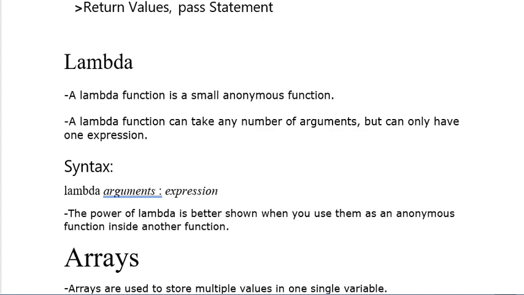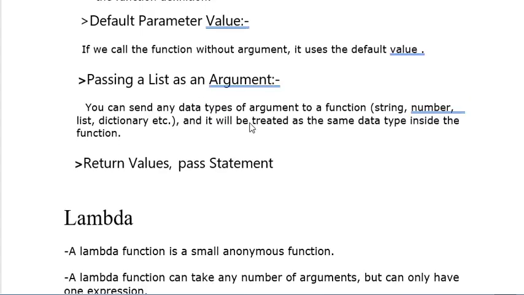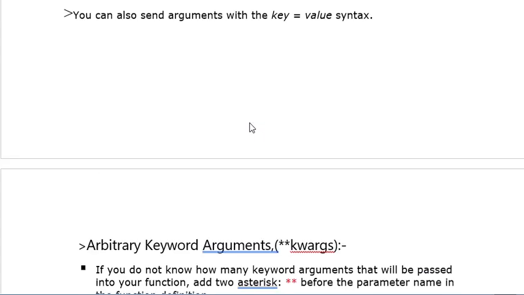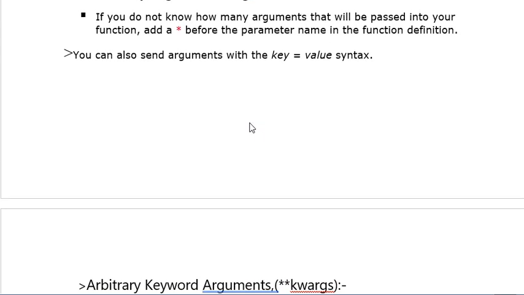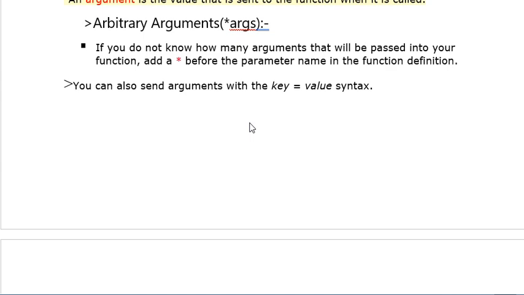In my previous video, when explaining functions, I explained the arbitrary argument. What is an arbitrary argument? When we don't know how many arguments have to be passed to the function, we use this arbitrary argument.